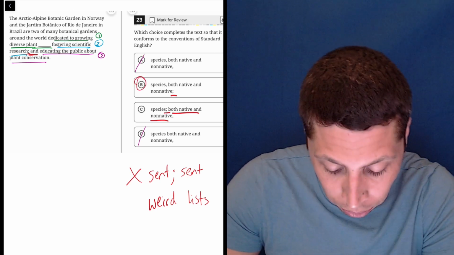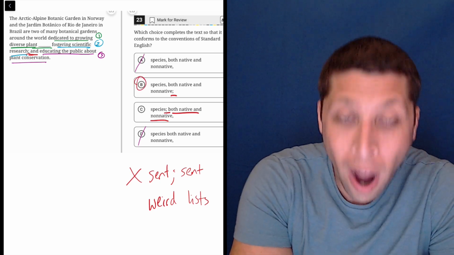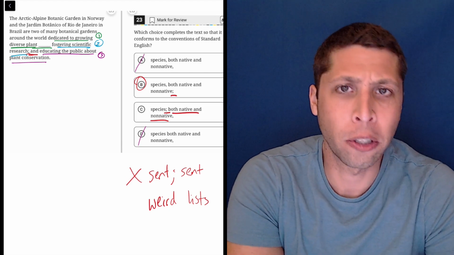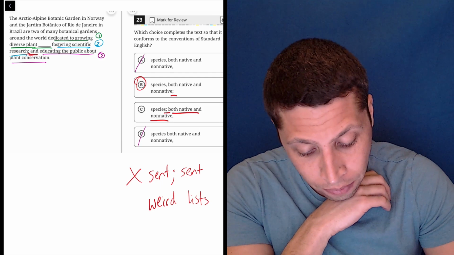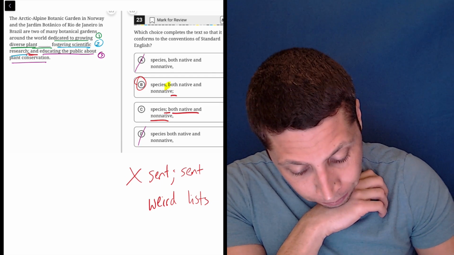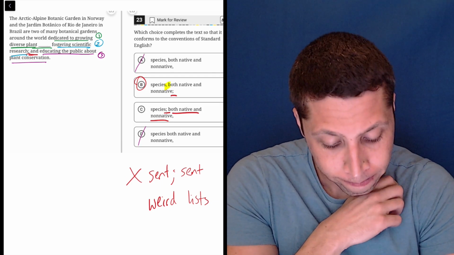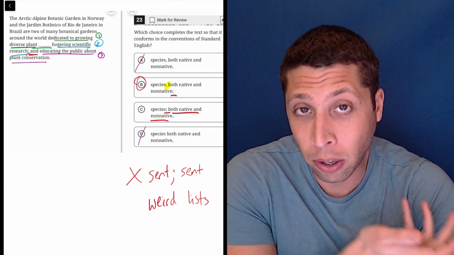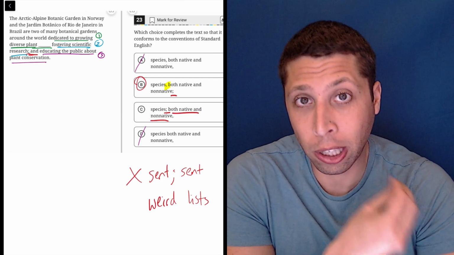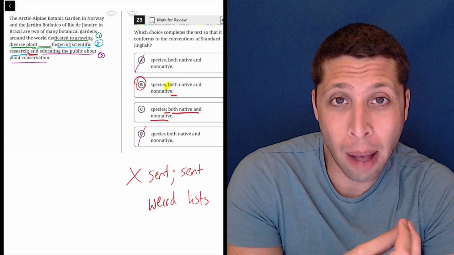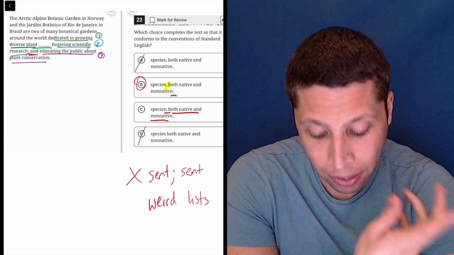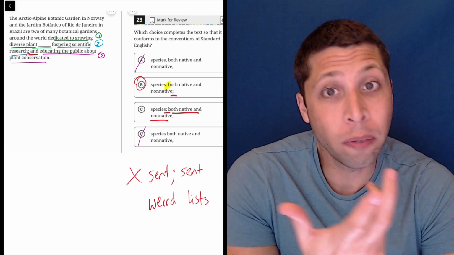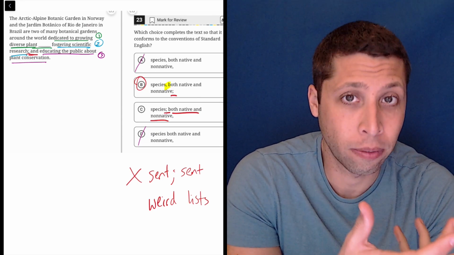And I will add one other thing. Why did we use a semicolon with this list in the first place? Why not just use a comma? Well, it all comes down to the fact that in choice B, the first item of our list, because of this extra clause, has its own comma. Both native and non-native is an extra clause that is describing the species. And maybe there would have been better ways to write this whole sentence so that it was less confusing.